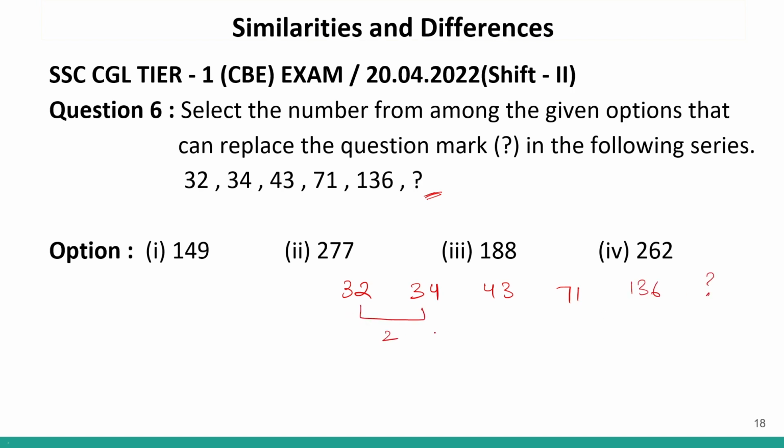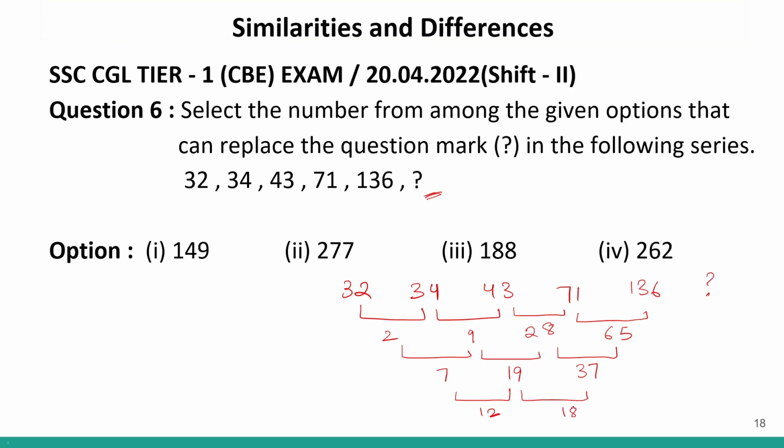So this I told you is 2. This was 9. This was 28. This was 65. Okay. Now this is 7. This is 19. And this is 37. Correct? Now, this is 12 and this is 18.